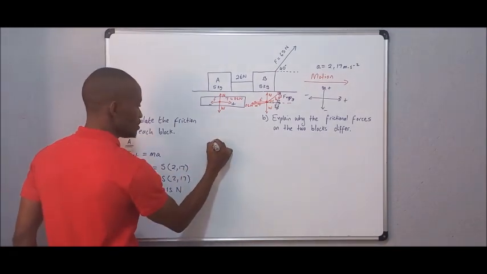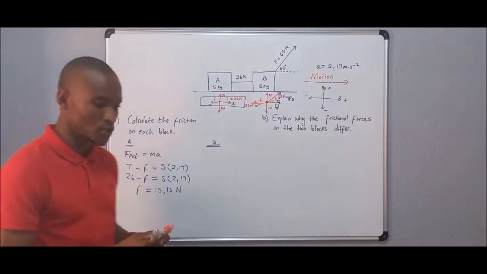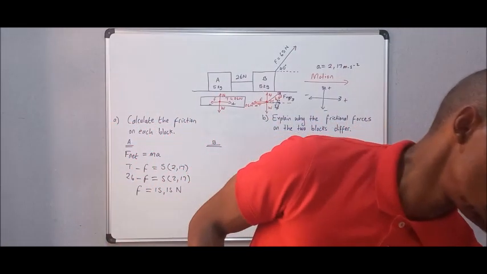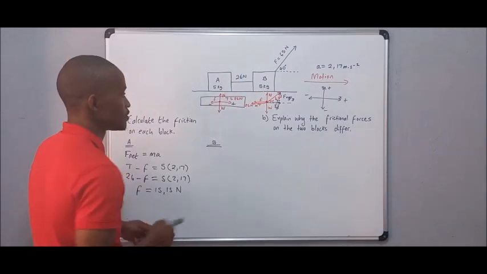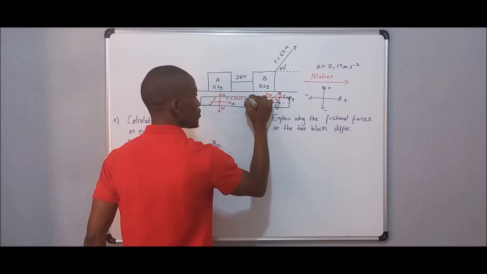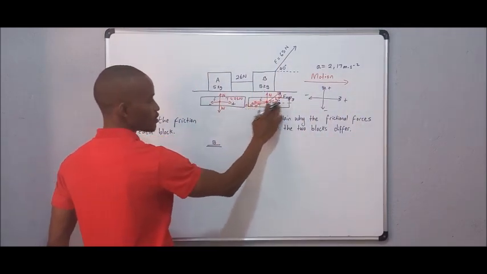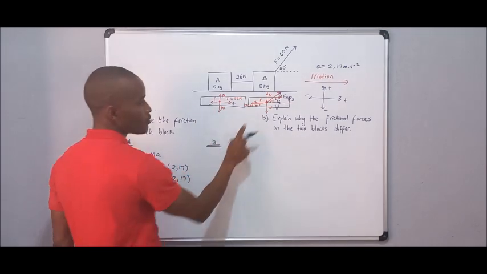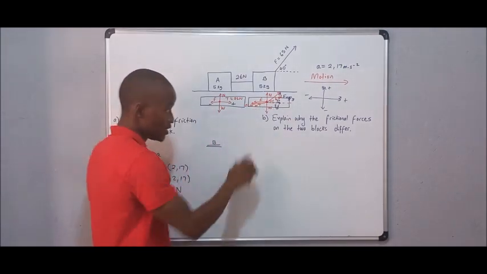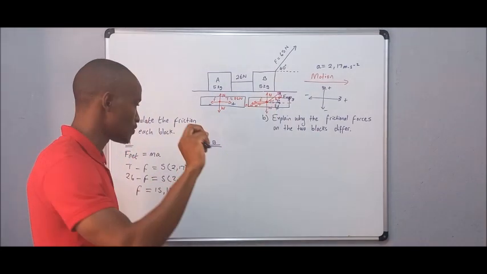Let's do it for B. What will be the forces that are contributing to the net force acting on B? Again, the direction of motion is horizontal. It's not vertical. So we take horizontal forces like we did here. But how many horizontal forces here? 3. The frictional force, the tension, and the x component of the applied force.